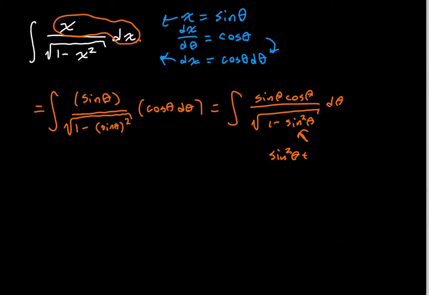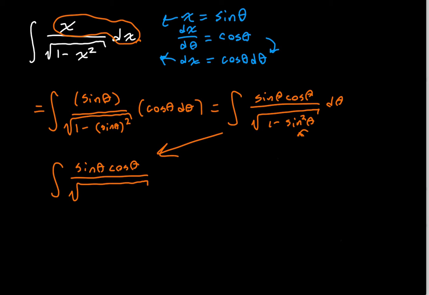If you do not, maybe this is not the perfect video to watch, because the trig identities are used pretty thoroughly in calculus. So once we have this here, I'm just going to make that alteration. We're going to have the integral of sine theta cosine theta over the square root of cosine squared of theta d theta.